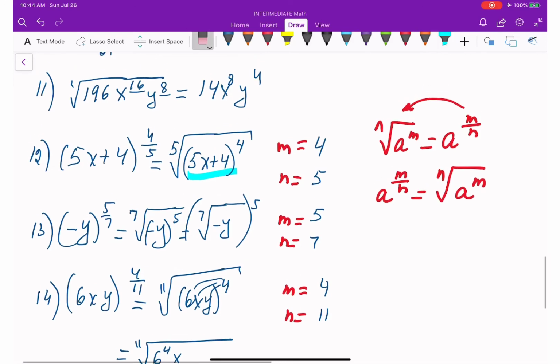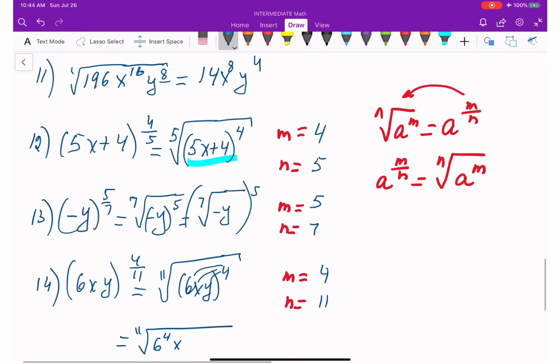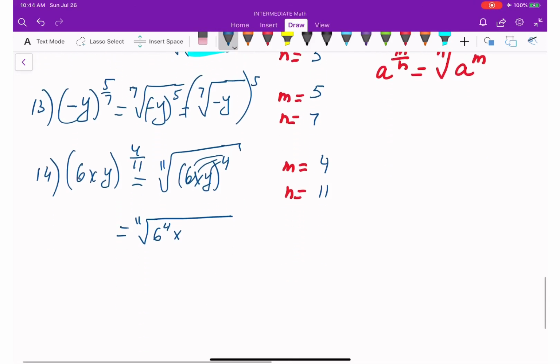Let me delete this one here. It looks like minus. There we go. Yeah, I just had a look and it looks like minus, and I'm thinking, what minus is that? No, I just underlined and it looks like minus. Okay. So 6 to power 4, x to power 4, and y to power 4.